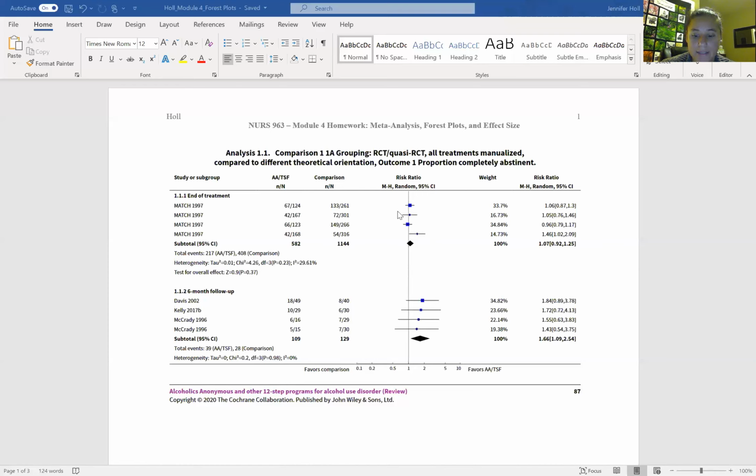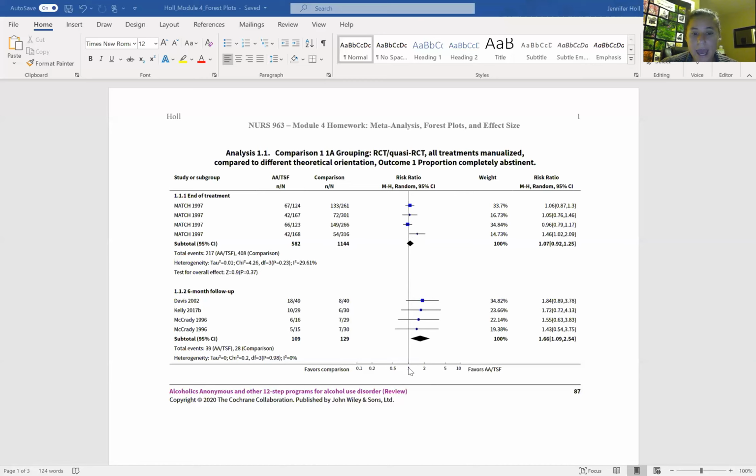So that represents the confidence interval. So the length of the line represents the length of the confidence interval. And then you also want to look at this line right here, which goes right down the center. And that is called the line of no effect. And that's the point at which our intervention and control are essentially the exact same thing. And so because this is a ratio, that means that our line of no effect is 1.